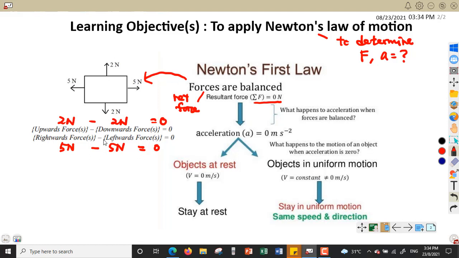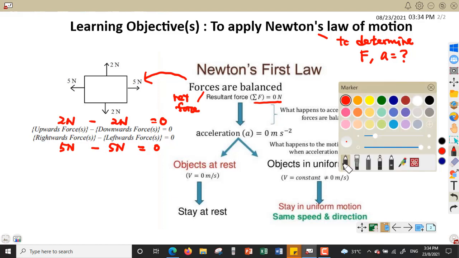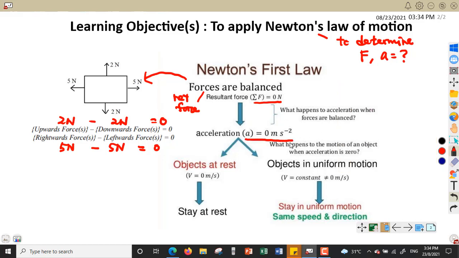When the forces exerted on an object are balanced, the resultant force equals 0. What is going to happen to the motion of the object? You will find out that the acceleration of the object will be 0. So the object won't have any acceleration.